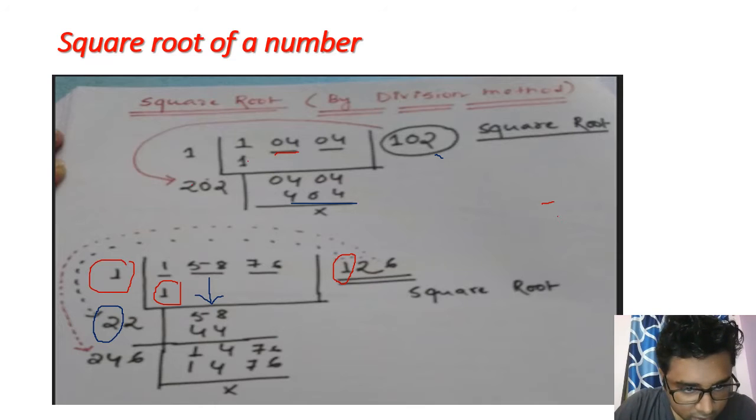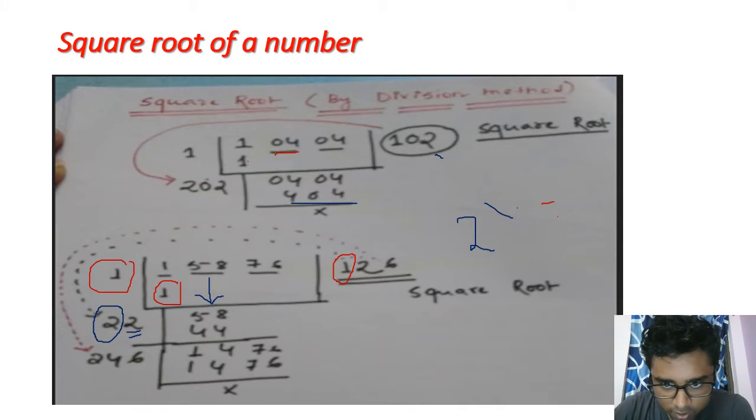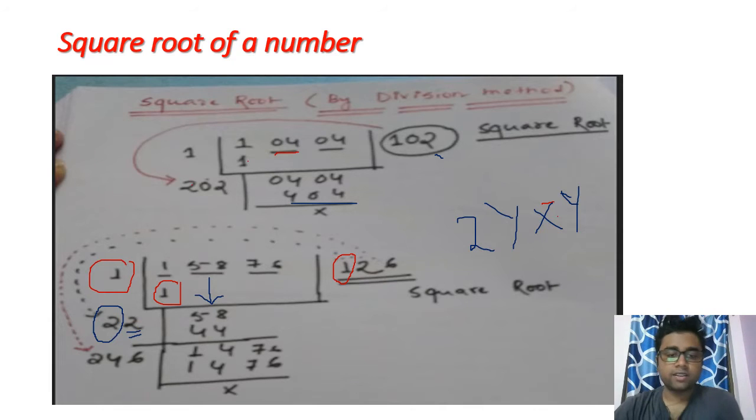Now in the second place we have to provide some number, that is 2y, so that if we multiply 2y into y, we get a number nearer to 58.